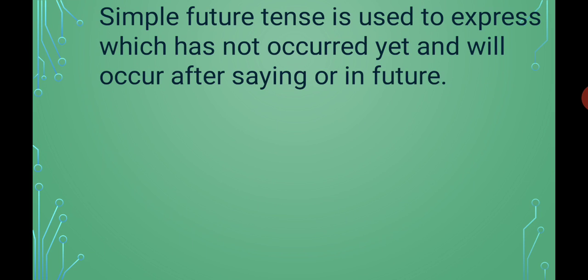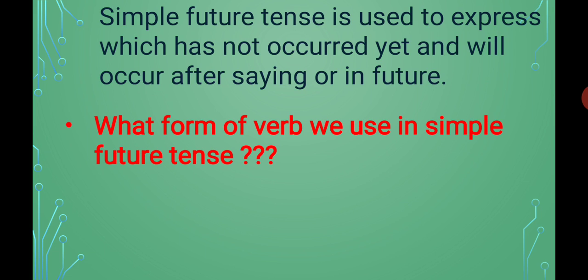It has not occurred, which means it is not happening yet, but it will happen after some time, after the time of speaking. Not compulsory, not a fixed time. It will happen near in the future. That is called the future tense.